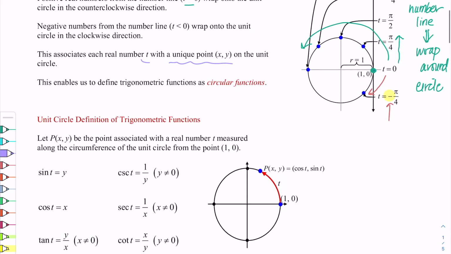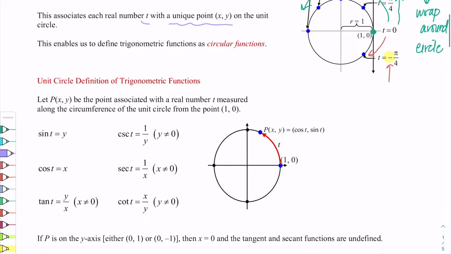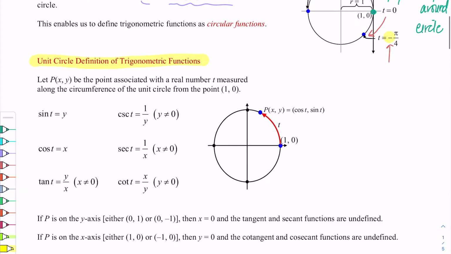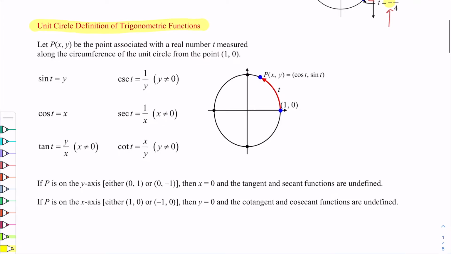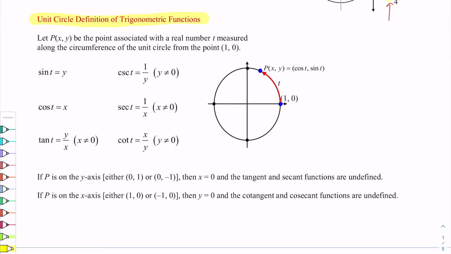Okay? So let's go ahead and look at our definitions of our trig functions on the unit circle. So we have every point P associated with a real number t measured along the circumference of the circle. And remember, everything is from this point 1, 0.